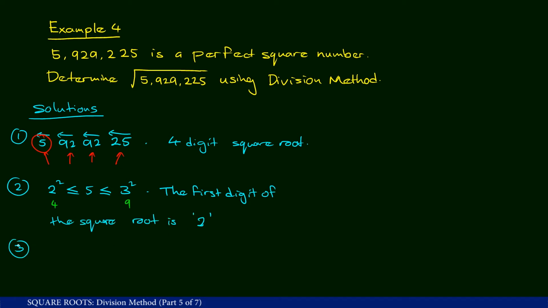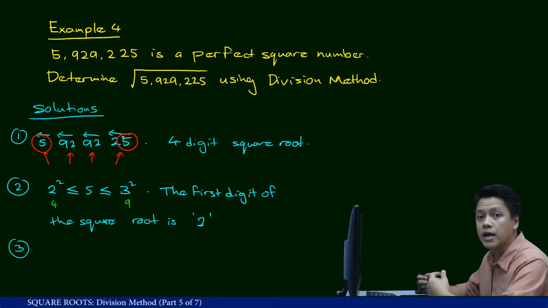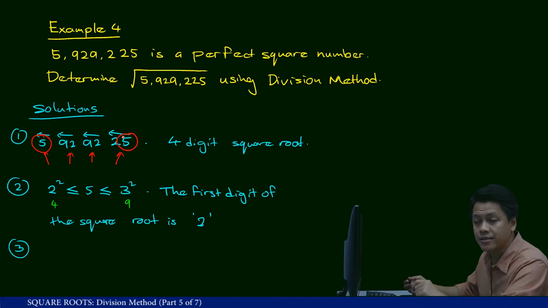Okay, what is the third thing? Take a look at the last digit. The last digit is 5. That means the last digit of the square root is also 5, because only 5, when you square it, gives 5 as the last digit.